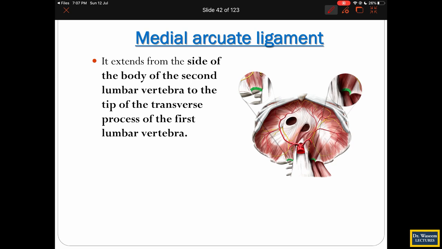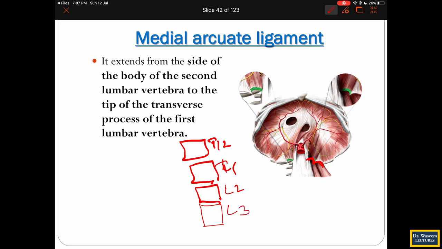Now see the medial arcuate ligament. You are watching this green color, medial as well as lateral, both shown here. I am showing you three vertebrae, and here the fourth, that is T12. This is the T12 vertebra, this is L1, L2, L3, with their transverse processes.